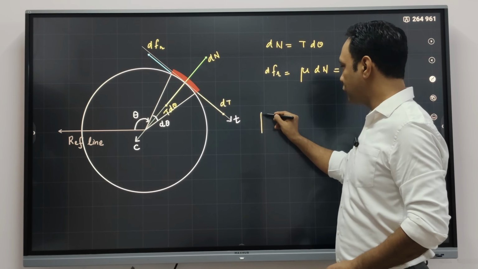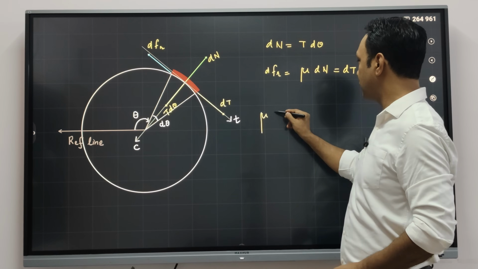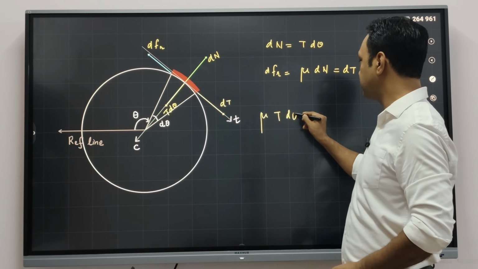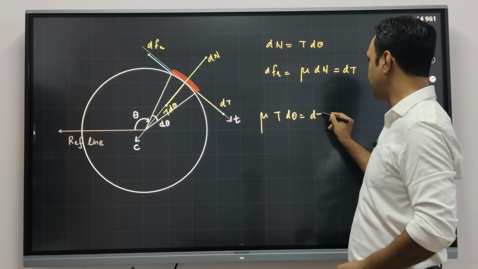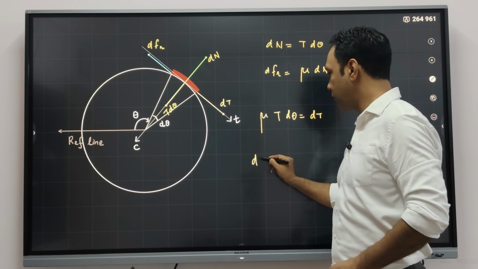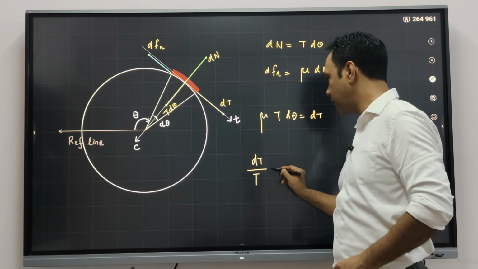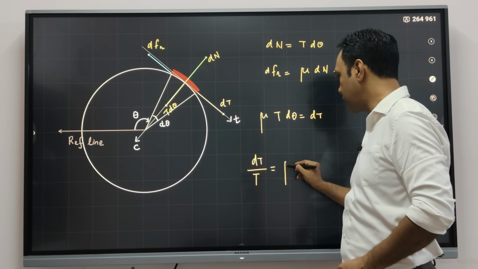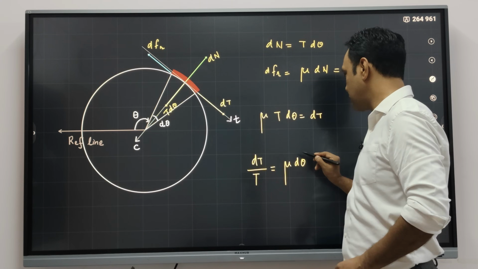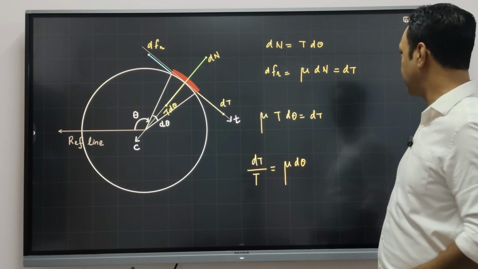So mu into dN, which is mu T d theta, is equal to dT. So we can write dT by T is equal to mu d theta. And this is the main differential equation that we will use.